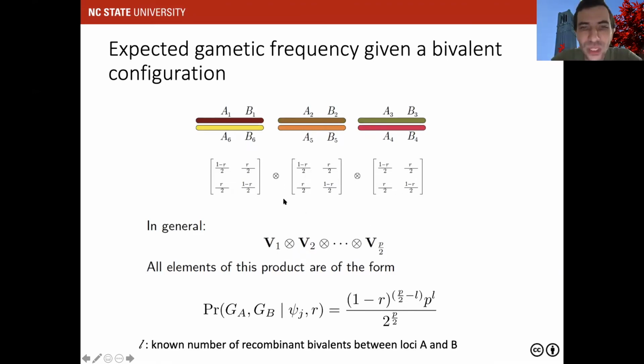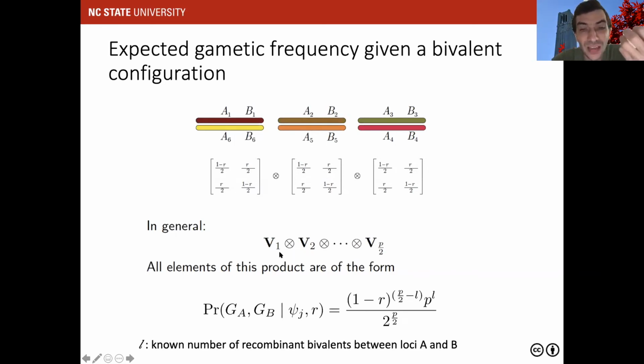And in this case, when you combine all possible elements here, you have an 8 by 8 matrix, telling you the joint probability of observing a certain gamete in position A and a certain gamete in position B. But this is given a specific bivalent configuration, okay? And interestingly enough, we have this closed form for these elements here.